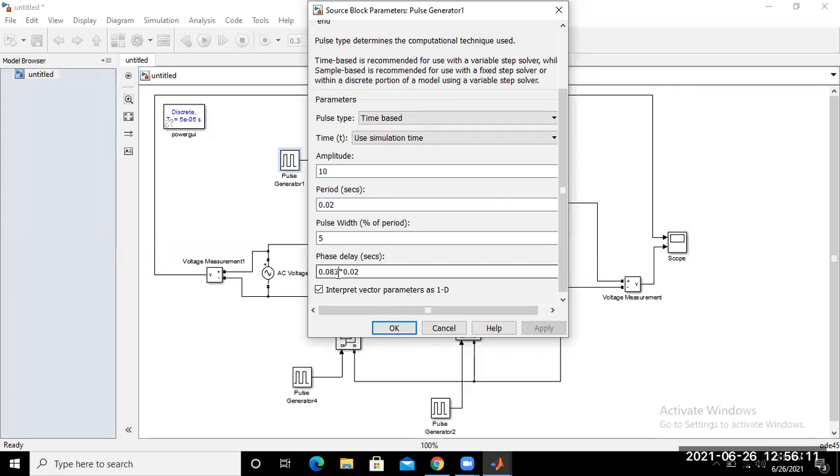So just change this value to 0.125, and just apply and okay.